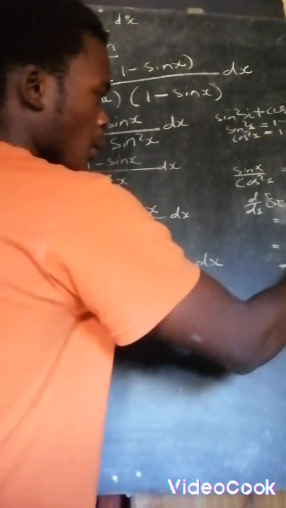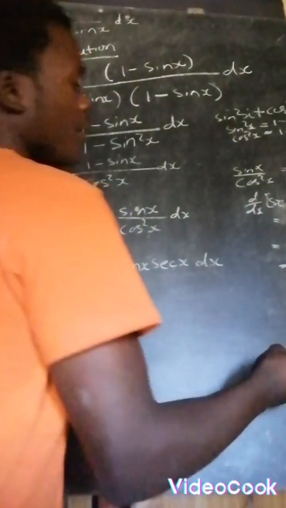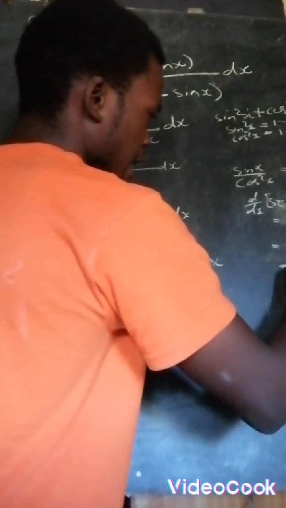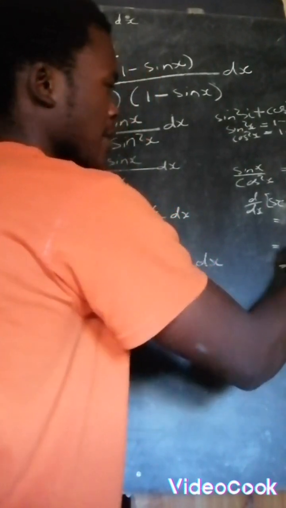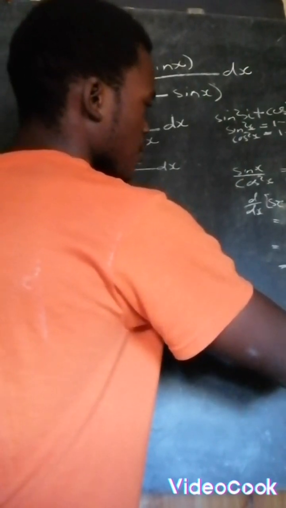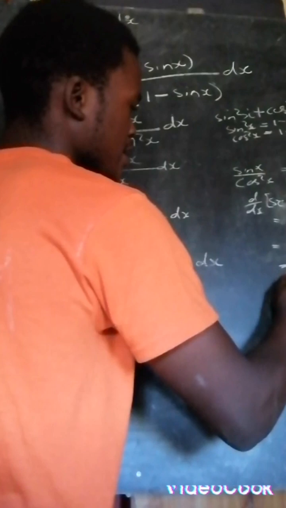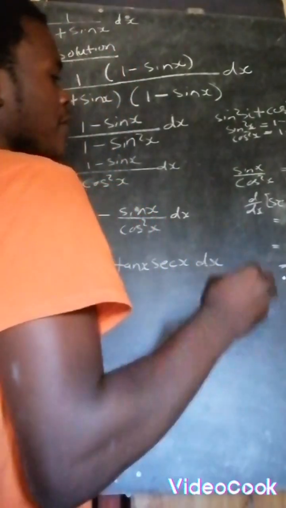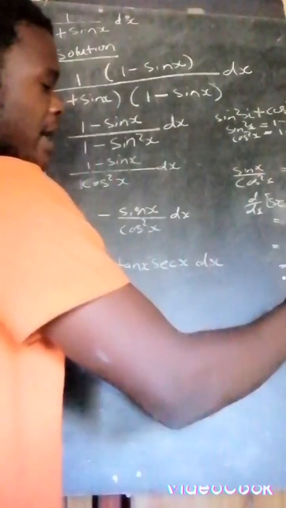So we first write down the power, then we write cos x. After that, we subtract 1 from the power. Negative 1 is negative 2. Then after that, we multiply this by the result of differentiating the expression in the bracket.